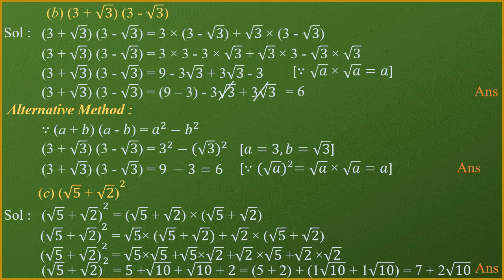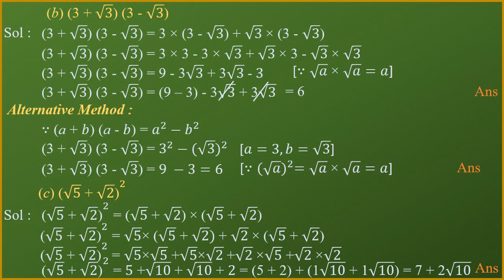So root of 5 into root of 5 will become 5. Same way root of 2 into root of 2 will become 2. But what will happen to the middle two terms, root 5 into root 2? Since both the terms have a root symbol, 5 and 2 will multiply. So both the terms' multiplication gives root of 10 and root of 10.